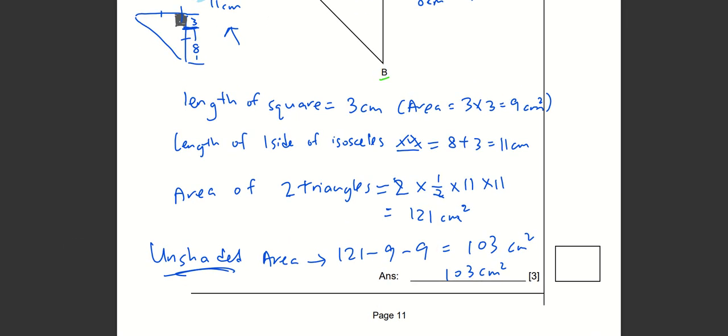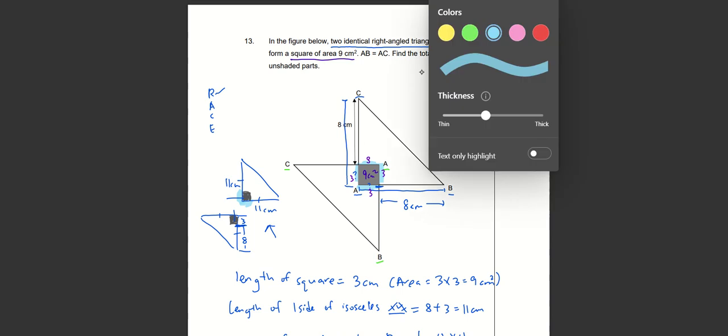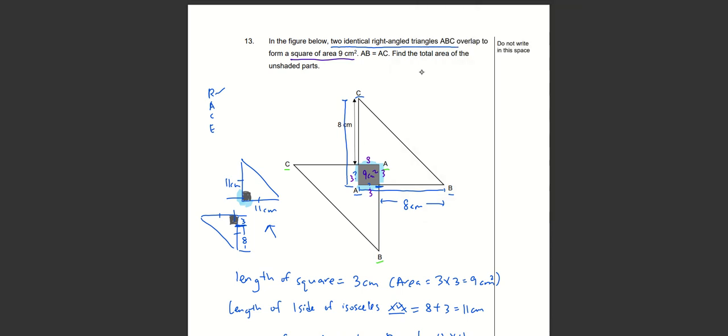Now alternatively, I can find the area of one triangle that's here. If I were to highlight this part here with yellow, this is the unshaded part, as in one unshaded part. Let me color this in yellow. I'm trying to find one of these.